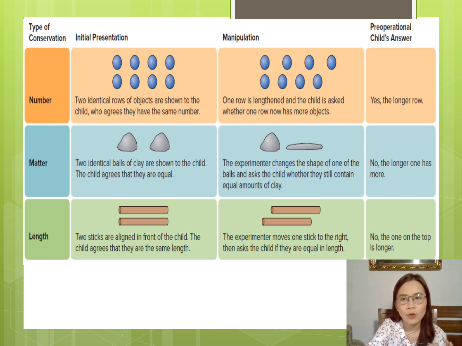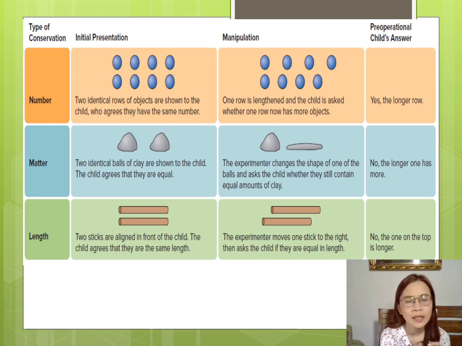And then, you ask the pre-operational child which row is longer. Ang pipiliin niya ay yung first row na medyo nilayo-layo mo lang, kasi hindi niya nakikita na same number of objects yung nasa parehong rows. Medyo inawang mo lang siya to make it look longer.